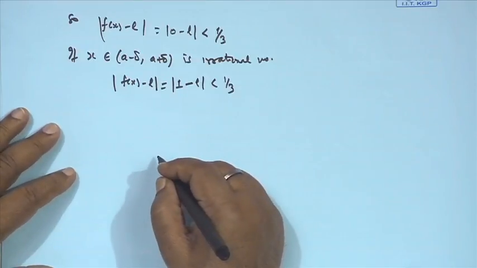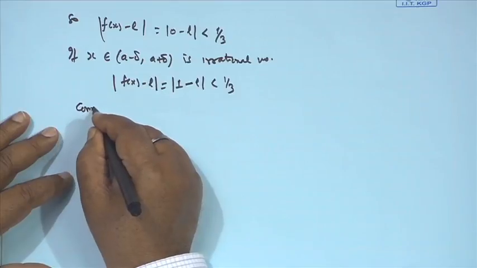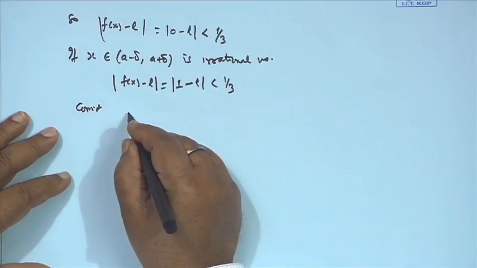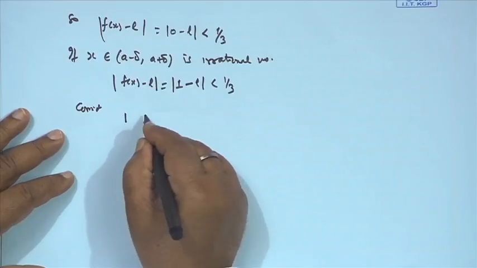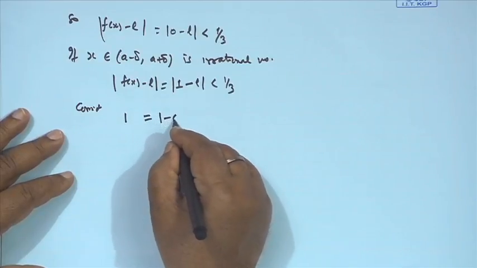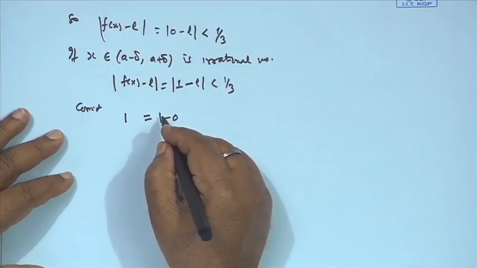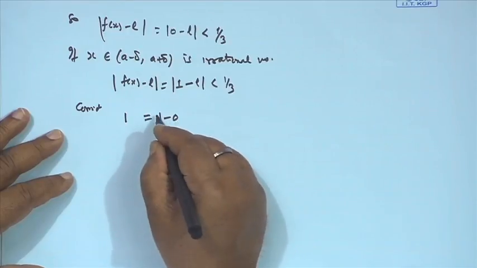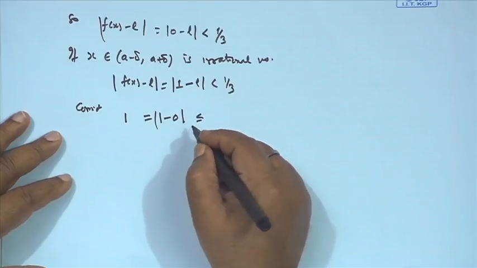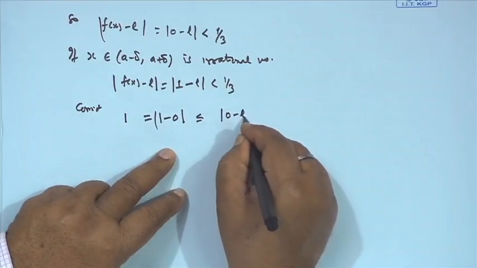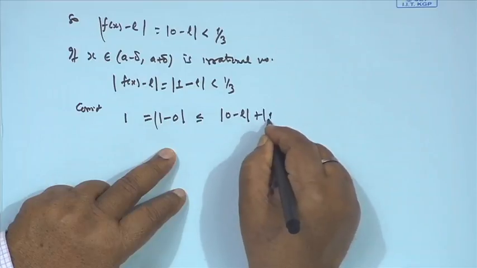Okay. So, consider now 1, which can be written as |1 minus 0| or |0 minus 1|, which is less than or equal to |0 minus L| plus |1 minus L|.